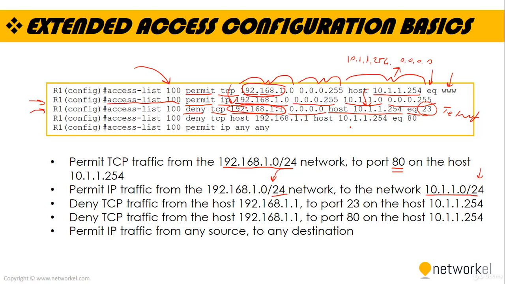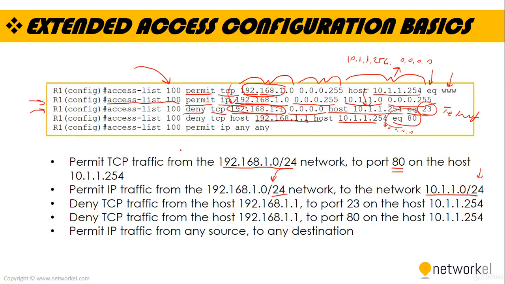In the fourth step, we are using another deny statement from this host to this host. There's a missing statement here, maybe there's a 0.0.0.0 as well, with an equivalent of 80, which means HTTP port.